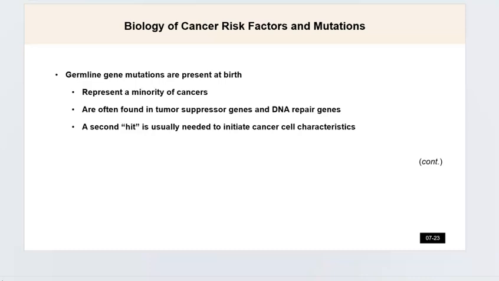And a somatic mutation is inherited by the progeny of the cell with the mutation, but it doesn't occur in all cells of the body, and you can't give it to an offspring. So it is much more common to have sporadic gene mutations or somatic mutations rather than inherited mutations. Really, it's about 5% of cancers that are inherited mutations.